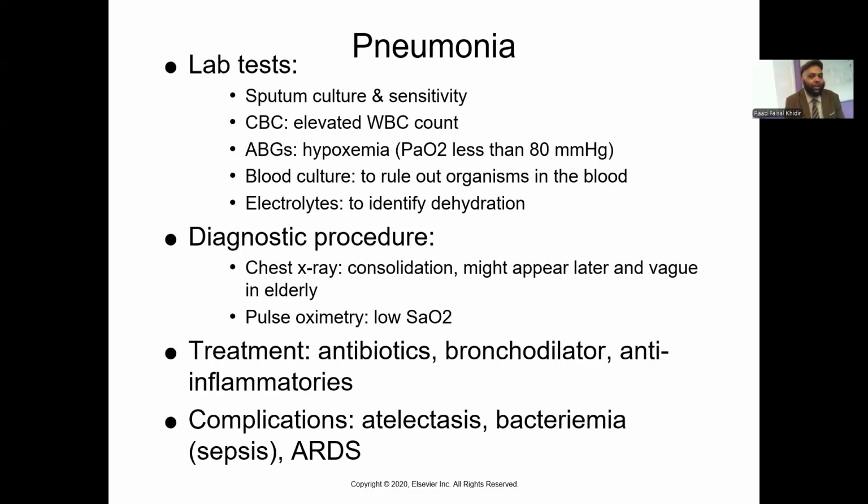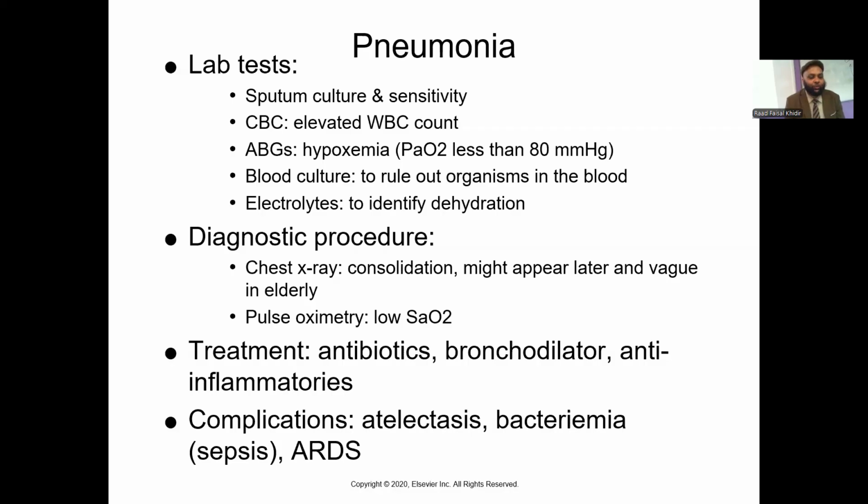So here you have hypoxemia, where the partial pressure of oxygen is going to be less than 80 millimeters of mercury. Blood culture is to rule out organisms in the blood, and we use electrolytes to identify any form of dehydration.